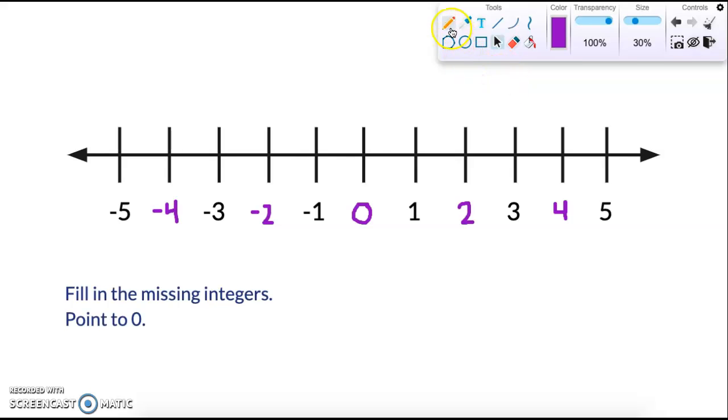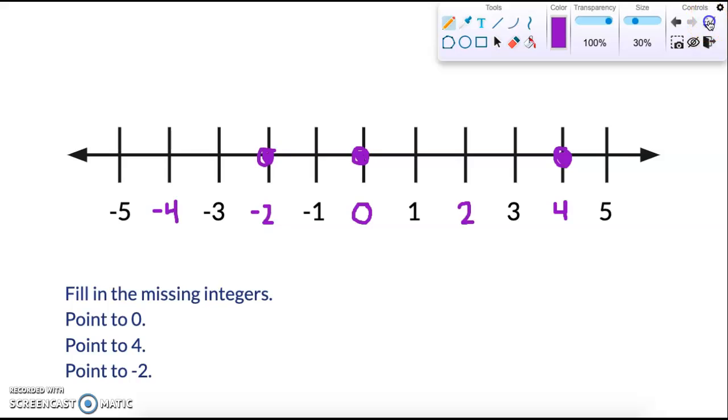So then, again, point to 0, right here in the middle. Point to 4. 4 is like +4 over here on the right end. And then point to -2. -2 is going to be 2 to the left of 0 over here.